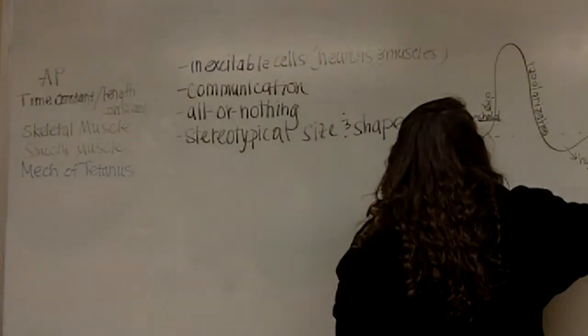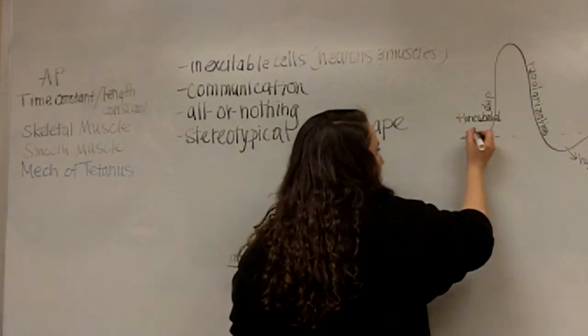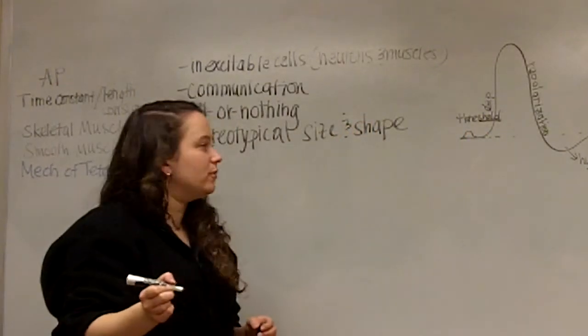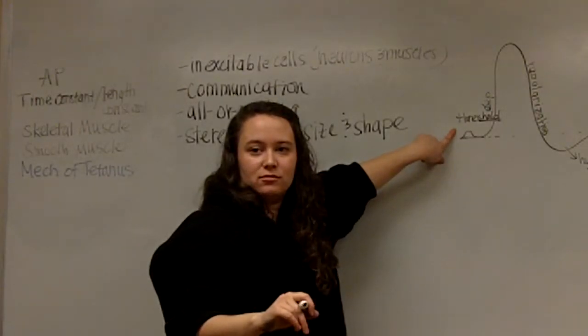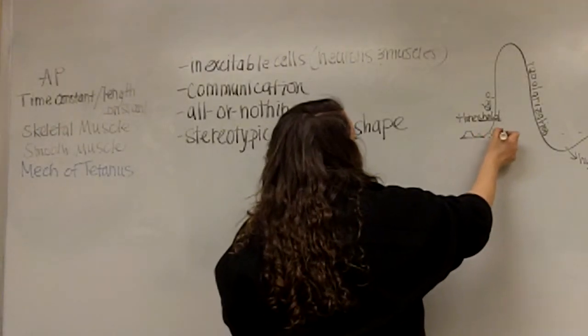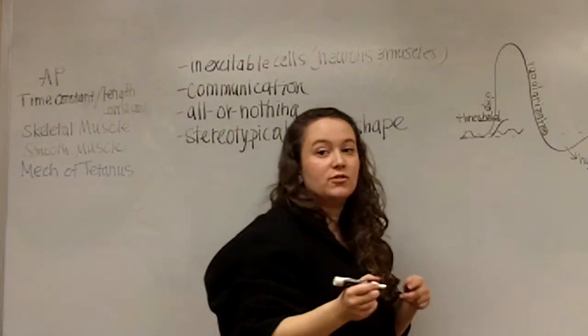Okay, so when you have an action potential, say this is the line, if I go to right here and come back down, I have a little bit of depolarization, but it doesn't hit threshold, no action potential. No matter how big it is, until it hits right here, there's no action potential.